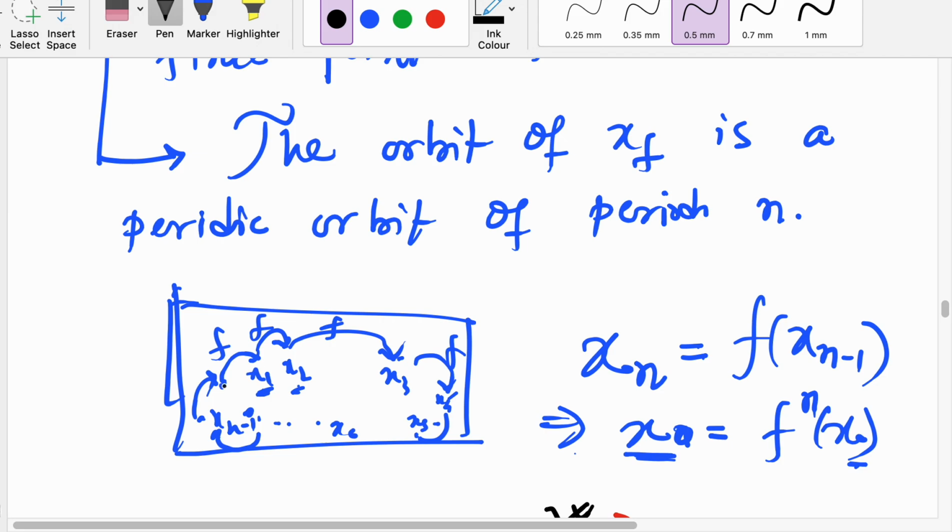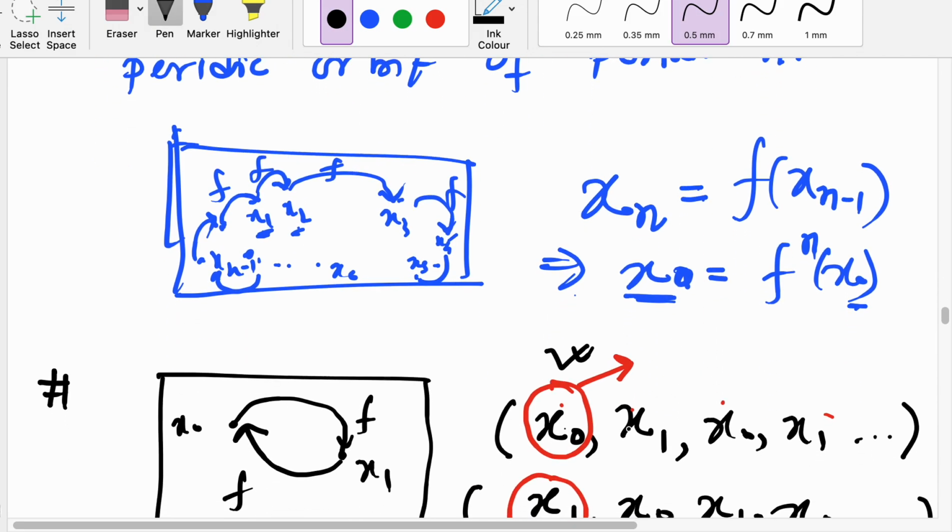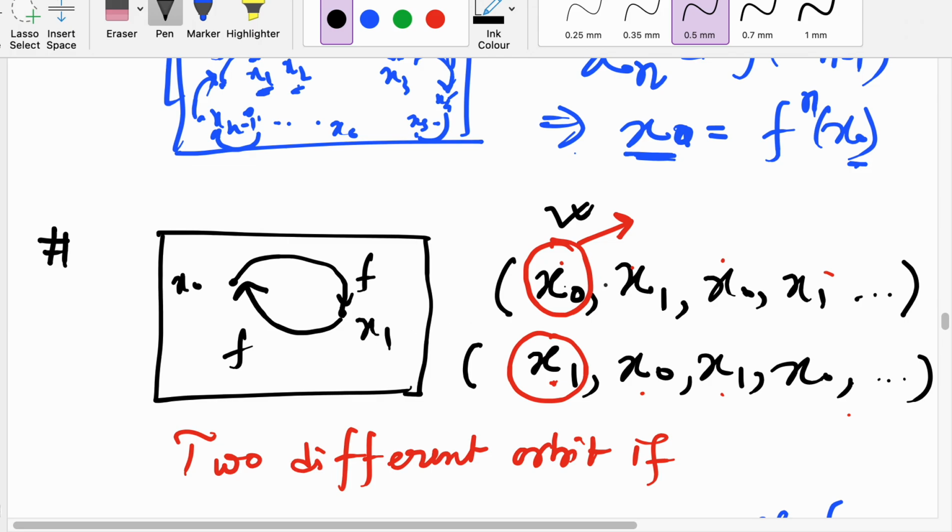So that means it travels between n many points. You can think of the whole trajectory of x0 under f as the repetition of the sequence. Here for the 2-orbit case, the orbit is the repetition of these 2 points, from x0 to x1, then x1 to x0. So this repetition continues infinitely.